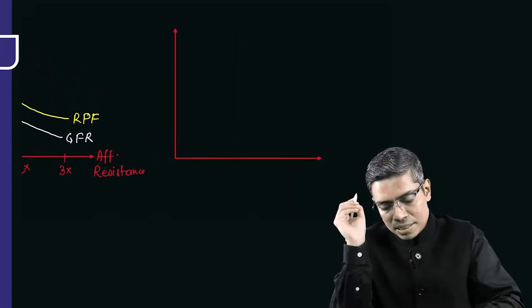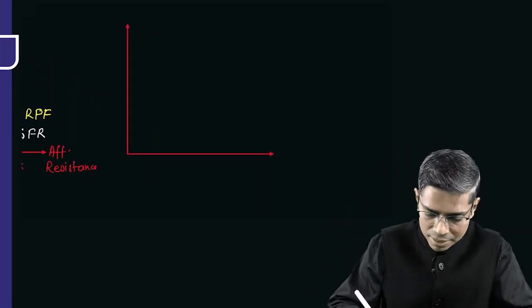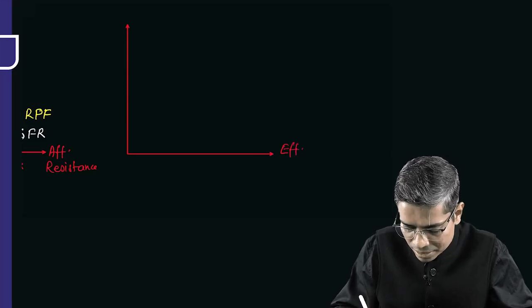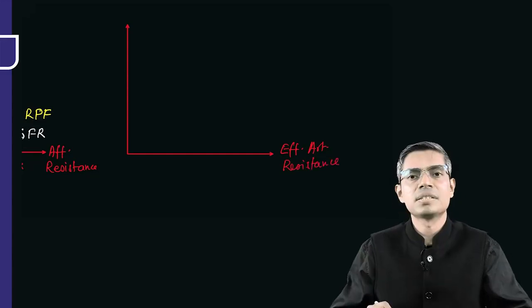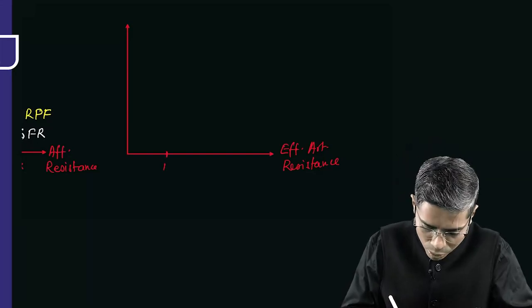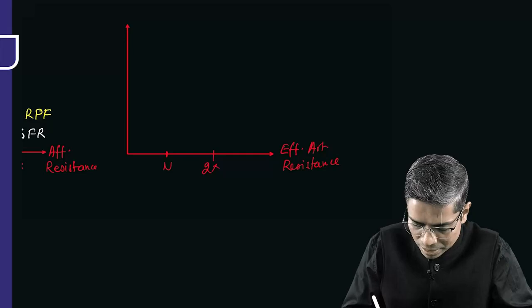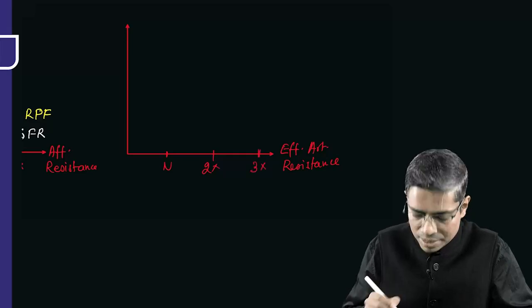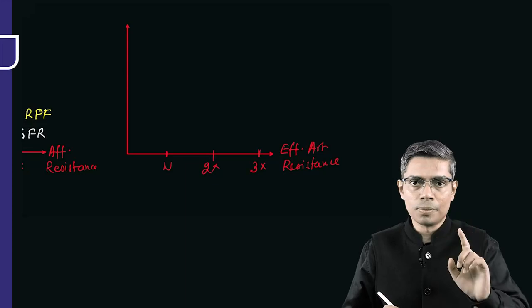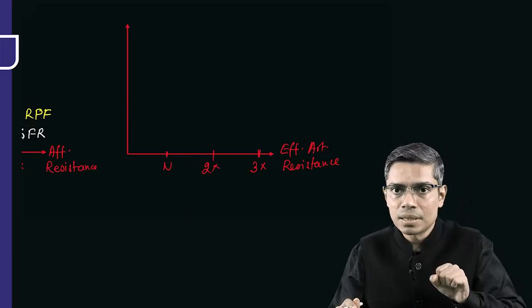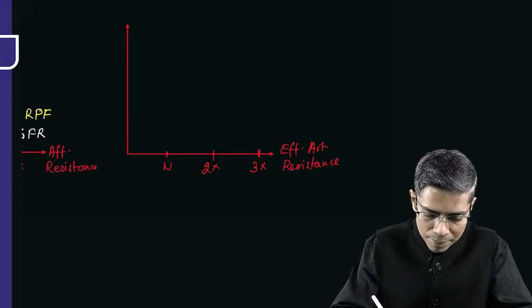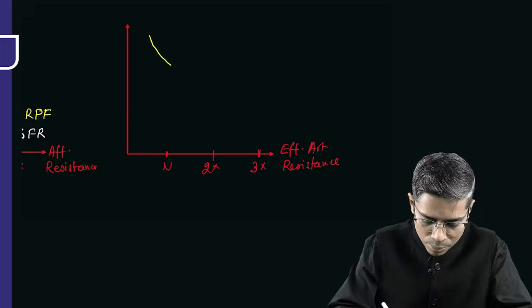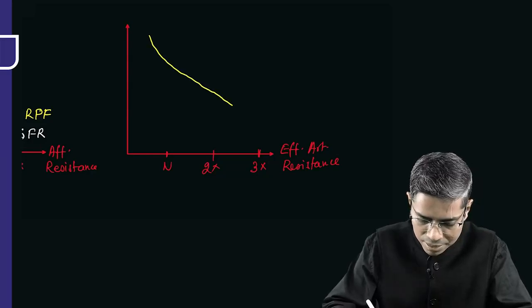But if you look at the efferent arteriolar curve, again the same thing. This is the efferent arteriolar resistance. This is normal, this is twice the normal, this is three times the normal. We know that the more you constrict the efferent arteriole, the more you increase its resistance, the renal plasma flow will progressively decrease like this.